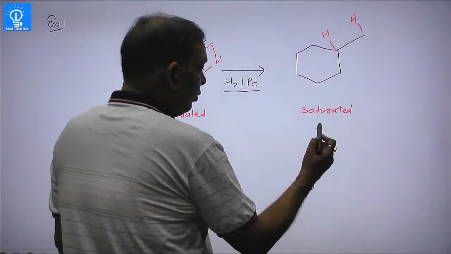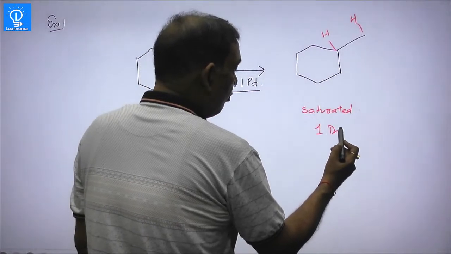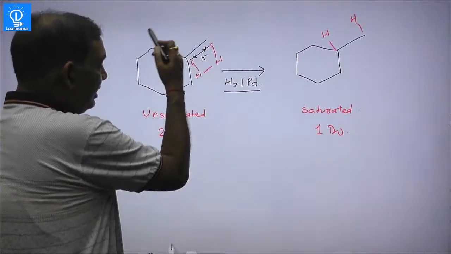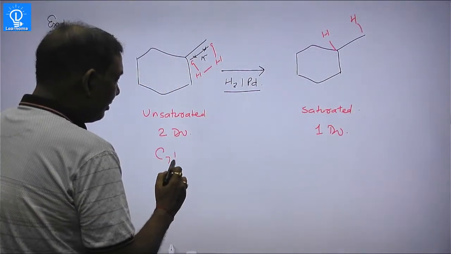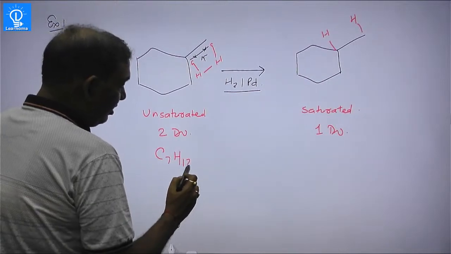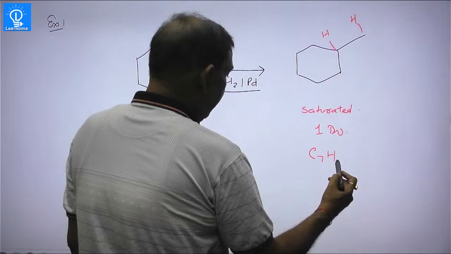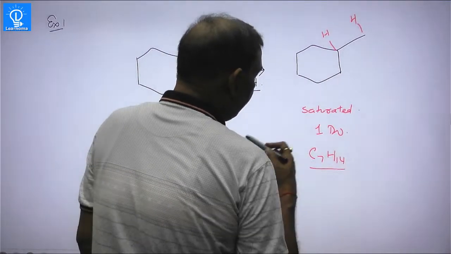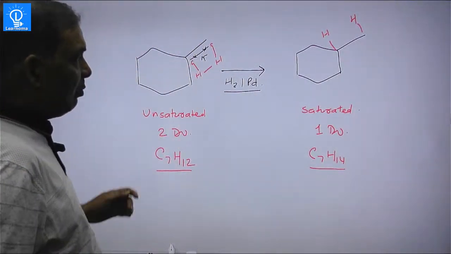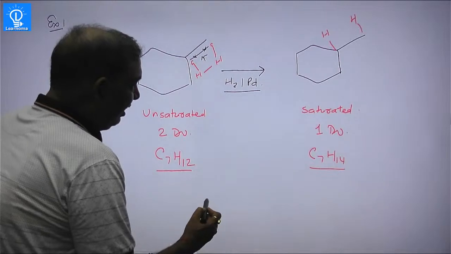This has 1 DU. This is C7H12. This is C7H14. One more thing, carbon skeleton remains the same.